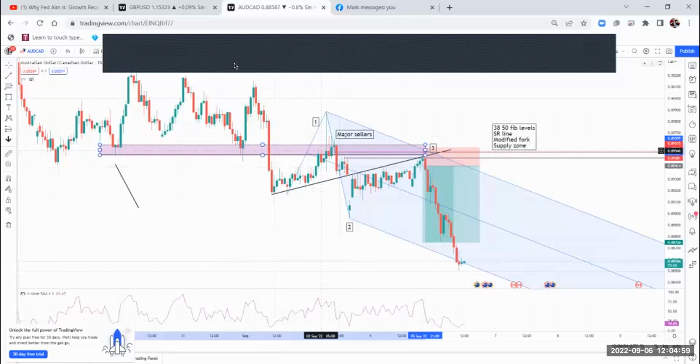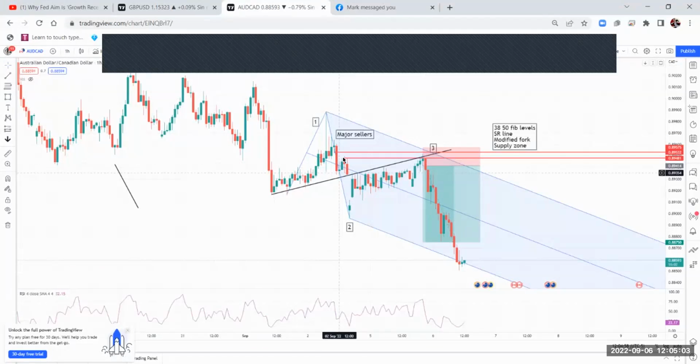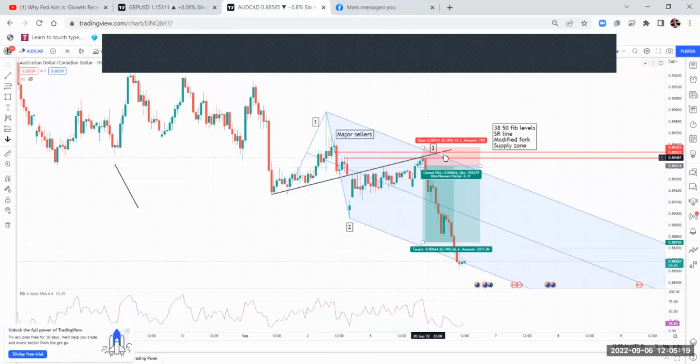So then we mark this zone due to the fact that there was a fractal bar here and price pretty much melted, right? So we had this supply zone.